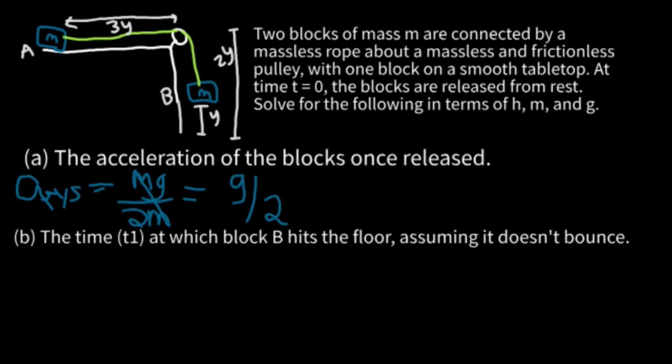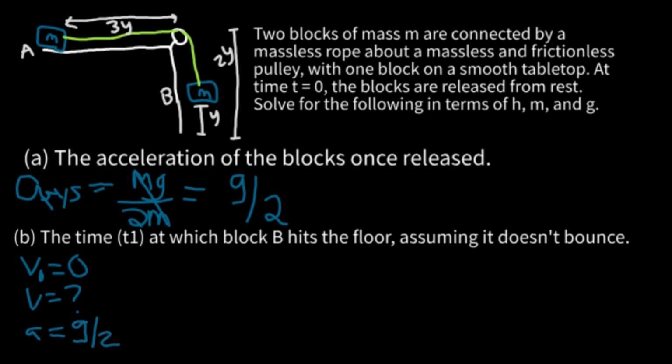And then second, we want to know the time at which block B hits the floor, assuming it doesn't bounce. Alright, so we've got some kinematics to do. Let's start with a little chart. Our initial velocity is 0. Our final velocity is unknown. We know acceleration is g over 2.